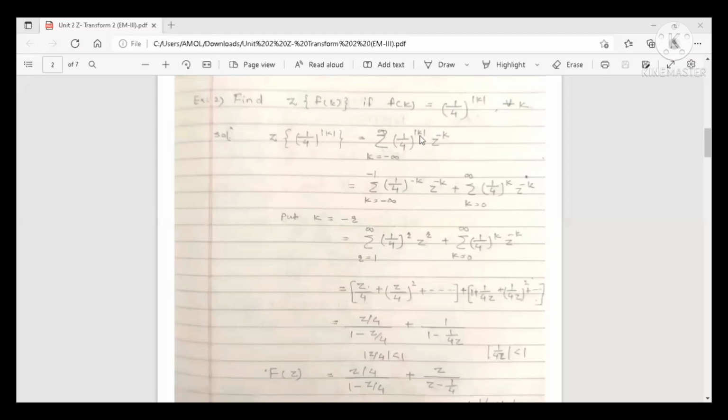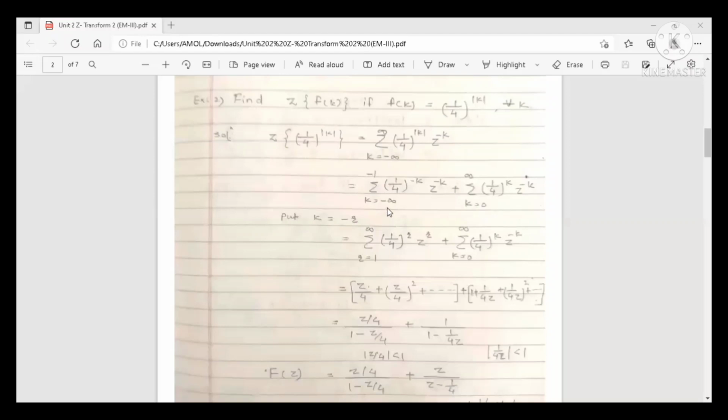Put in place of f of k the sequence 1 by 4 to the power mod k into z raised to minus k. This is the definition of Z transform. Now the limits are from minus infinity to infinity because in the sequence the power is mod k. Now split the limits minus infinity to infinity as minus infinity to minus 1 and then from 0 to infinity.